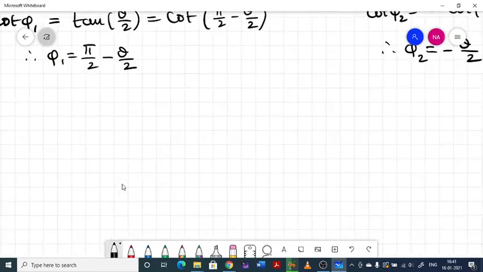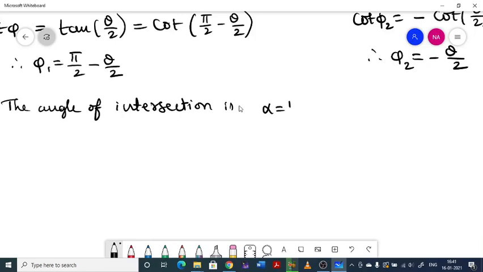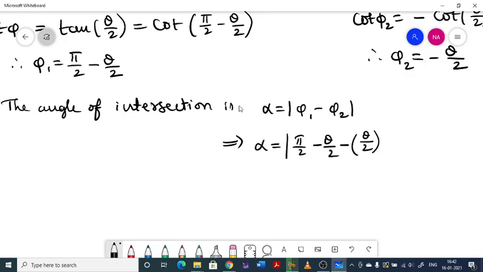Hence the angle of intersection is alpha equal to modulus of phi 1 minus phi 2. That implies alpha equal to pi by 2 minus theta by 2 minus of minus theta by 2.